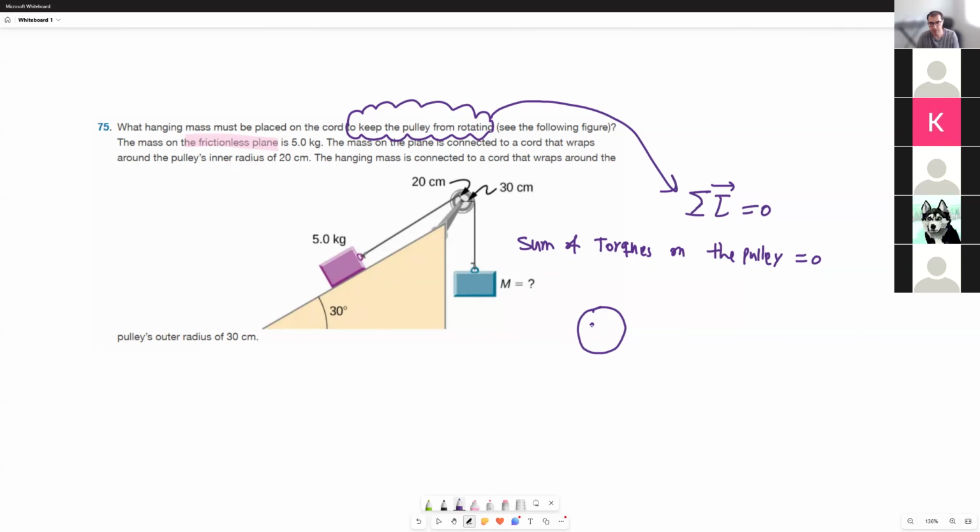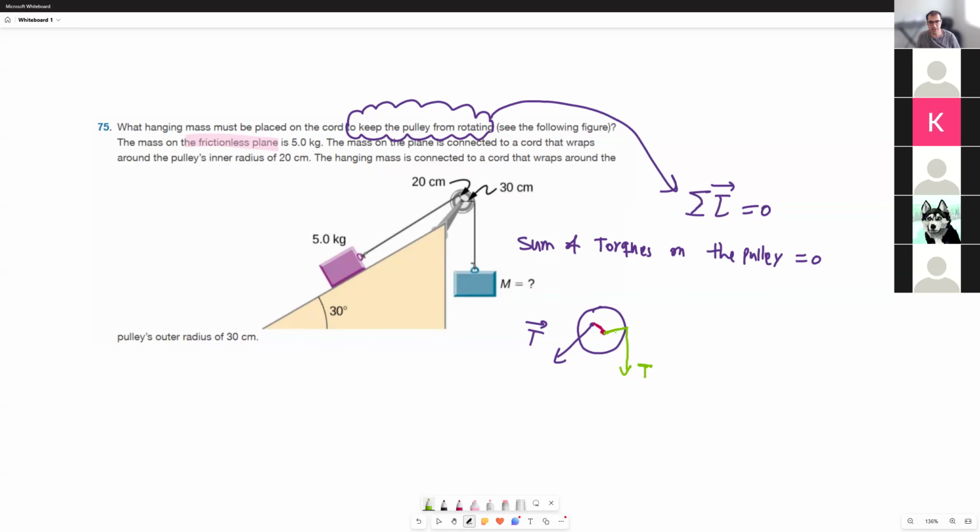One is from this side, that's this tension, and the other one, let me use red. If this is the center of the pulley, this distance is 20 centimeters, and the other tension is applied here. That's the other tension. And this distance is 30 centimeters.